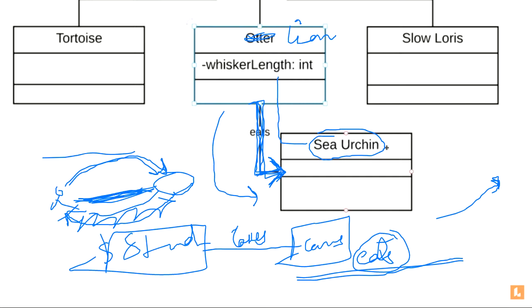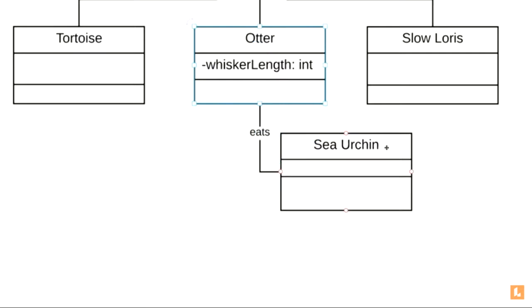This means that lion always eats sea urchin, or it could have the opposite meaning too, if there is no arrow like this. If there is no arrow or directed association, does this always mean that lion eats sea urchin? It can also mean this way, no? It can also mean the reverse way, that sea urchin can eat lion.